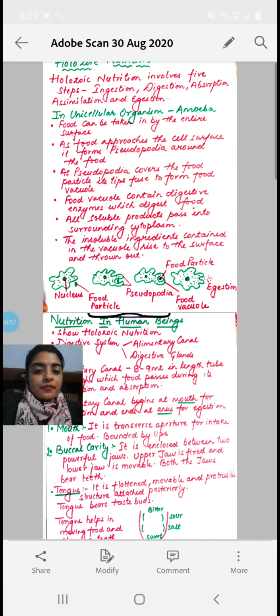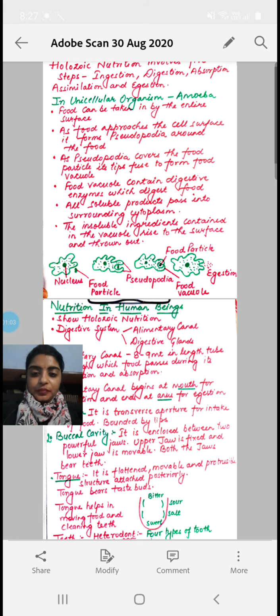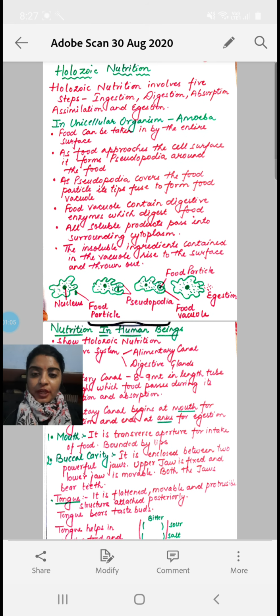These 5 steps are involved in holozoic nutrition. This holozoic nutrition takes place in amoeba as well as in human beings. So let us begin with the simpler type of organism which undergoes holozoic nutrition, that is amoeba.